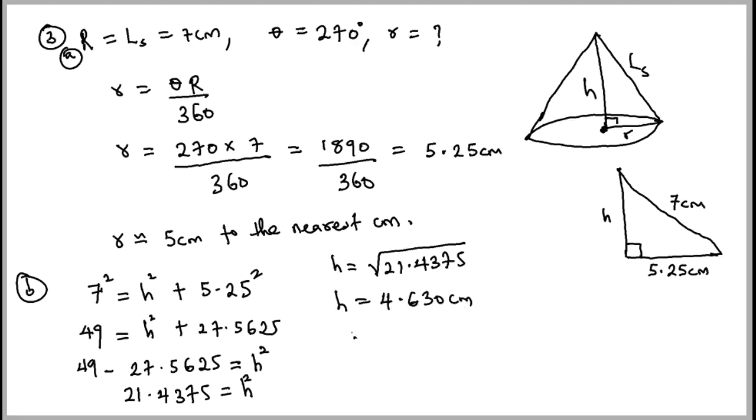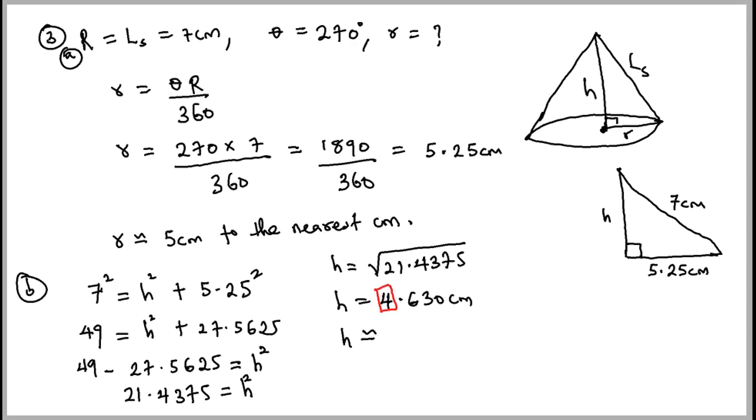But we are asked to round off to the nearest centimeters, meaning the nearest whole number. The whole number here is 4. Next to 4, we have a digit 6, and 6 is up to 5.